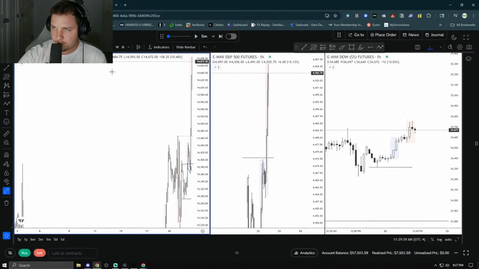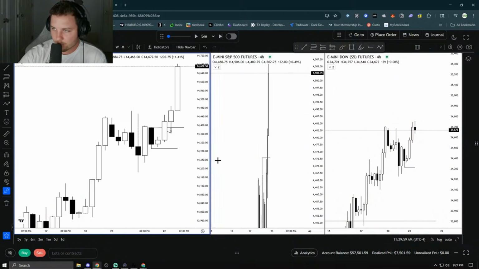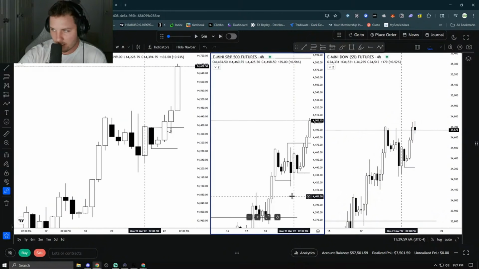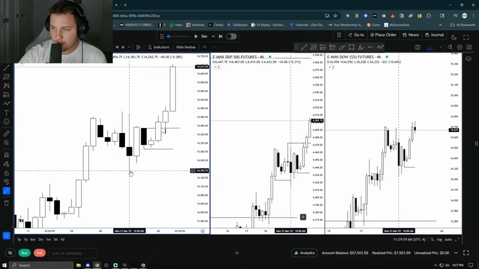But so here's the reason why we didn't need to sweep this low, but I wanted it swept personally. We have the swing point here. Now that I'm reflecting on it, yeah, we didn't even need to do that, to be honest.